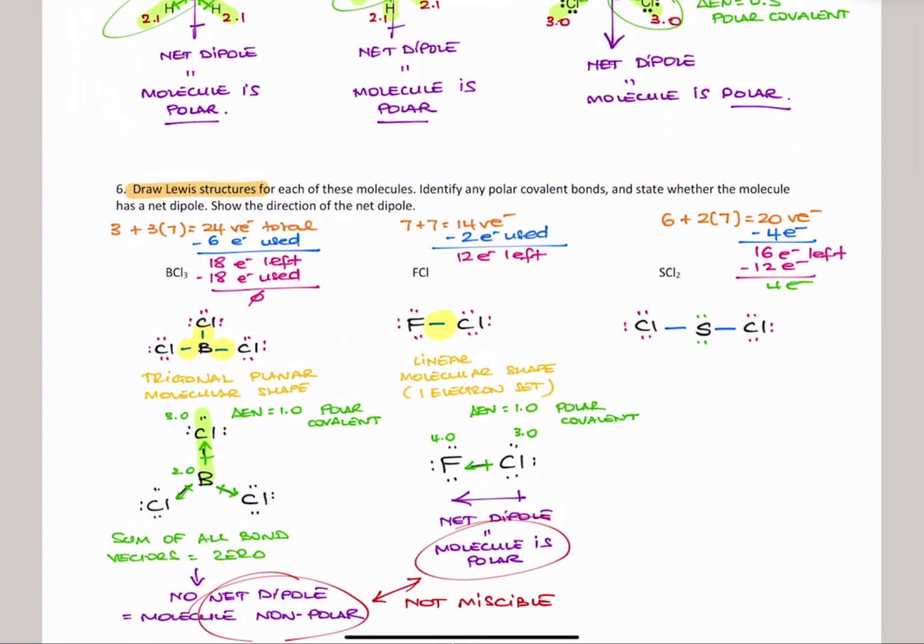That's the lowest energy structure of SCl2 because all of my atoms have an octet and all the valence electrons have been used. I have 1, 2, 3, 4 electron sets. Out of these 4 electron sets, I have 2 bonding and 2 non-bonding. So this is a bent molecular shape, from the tetrahedral electronic geometry.